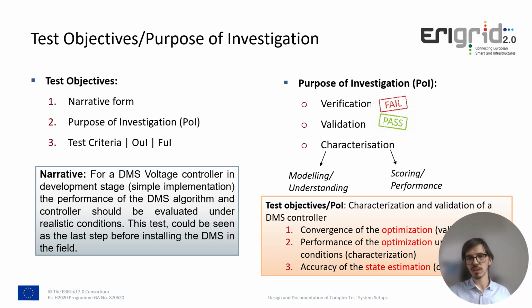These are three stereotypical types of tests that can be broken down, and they will lead to different methods of testing. So it's good to find in terms of words already early on what the objectives are here. So that's what we define as purpose of investigation. Later on, this purpose of investigation will be broken down into test criteria.